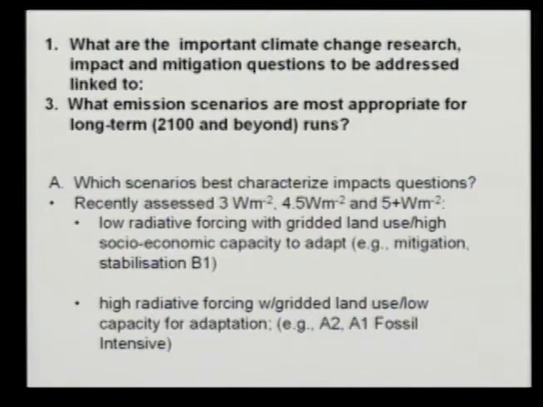No, but you could have equivalent scenarios with similar drivers. Especially on the high end, you could have high emissions with high or low capabilities for adaptation. That's why A2 and A1 are possible examples. We were trying to capture the absolute low and high bounds, the extremes.